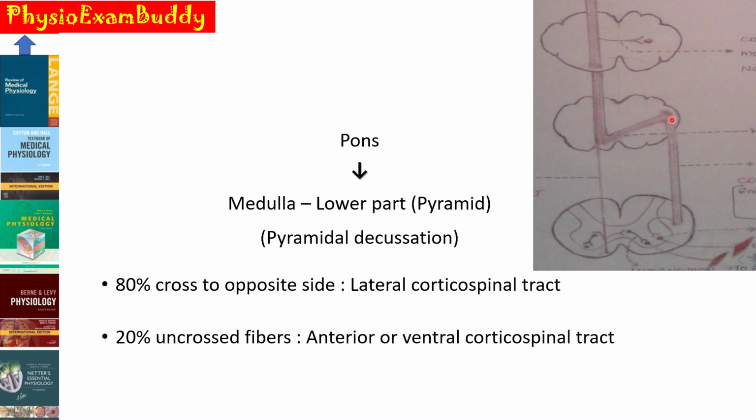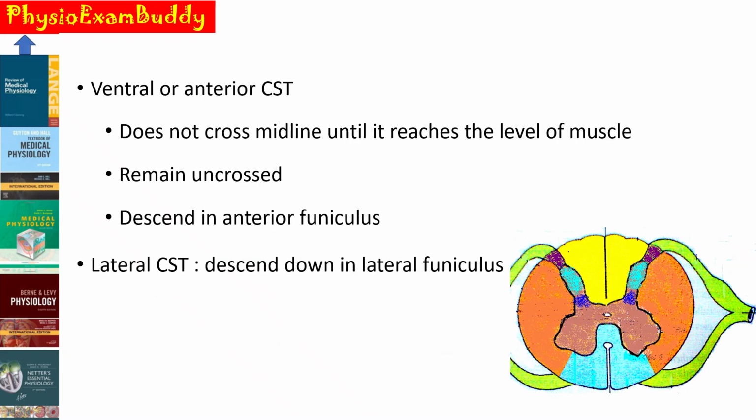And you can see here that this lateral corticospinal tract ends in the lateral funiculus of the spinal cord. That is why it is known as the lateral corticospinal tract, whereas the anterior or ventral corticospinal tract actually ends in the anterior funiculus. That is why it is known as the anterior or ventral corticospinal tract.